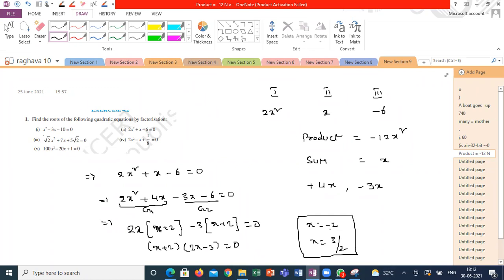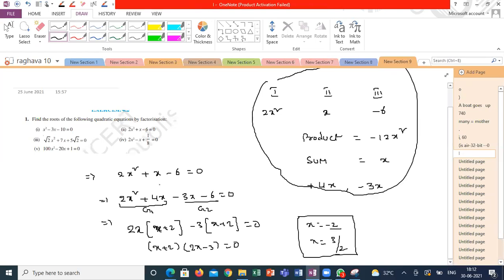You know how I got x is equal to minus 2 and x is equal to 3 by 2. This calculation, no need to show. Directly you can write x as 4x minus 3x, and in place of x you write this statement, splitting 3 terms into 4 terms, 2 terms as one group and another 2 terms as another group, and you do the factorization.